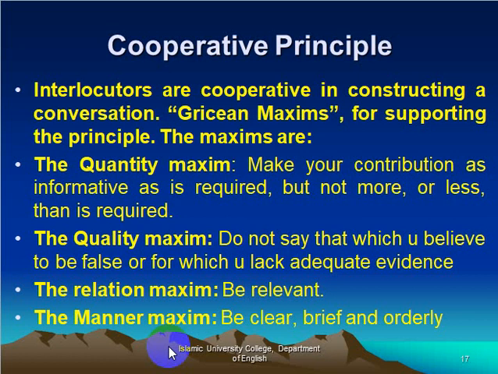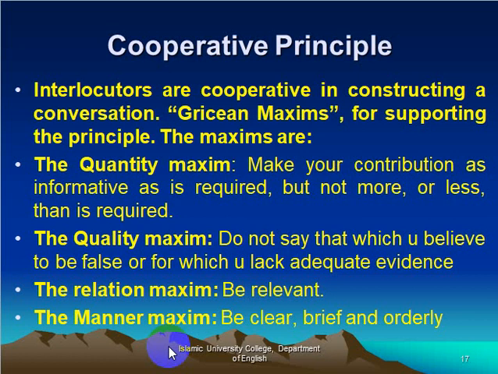Number 1, the quantity maxim, which means that we should make our contribution as informative as is required, no more, no less information. 2, the quality maxim, which is do not say what you believe to be false or for which you lack adequate evidence. We should not lie, and we should not interpret things in our own ways.